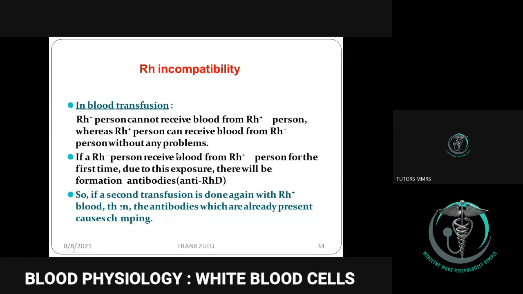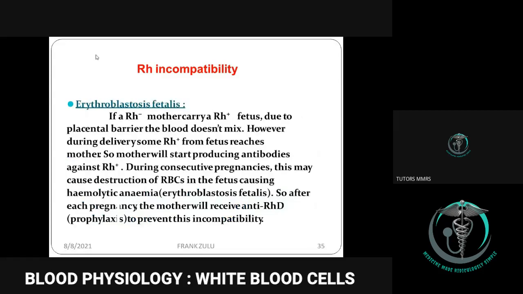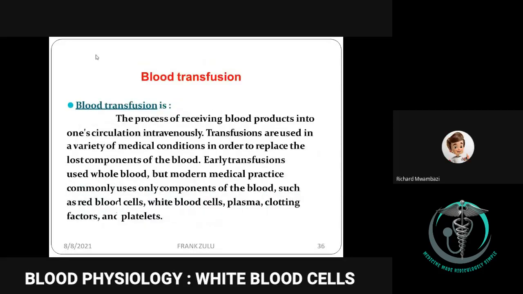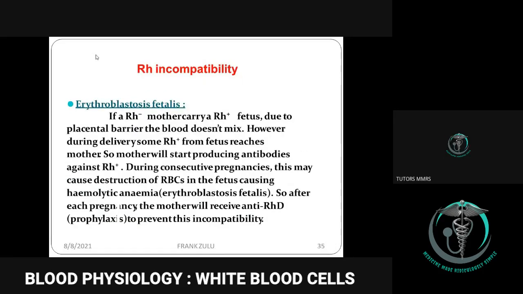So if the mother is Rh positive, there are no antibodies being produced and therefore there's nothing crossing the placenta. It can only happen if the mother is Rh negative, because then antibodies can be produced. I don't know if I've tried to answer the questions for our colleagues. Have we tried?